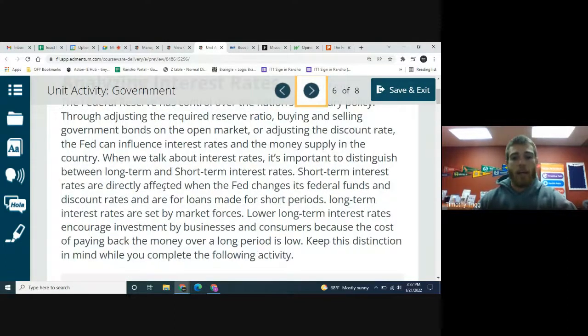When we talk about interest rates, it's important to distinguish between long-term and short-term interest rates. Short-term interest rates are directly affected when the Fed changes its federal funds and discount rates, and are for loans made for short periods. Long-term interest rates are set by market forces.